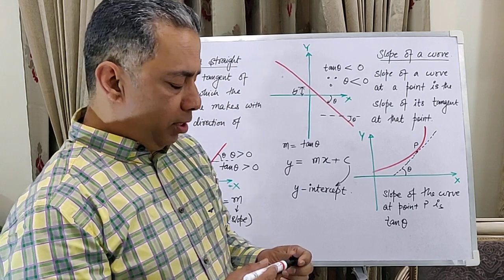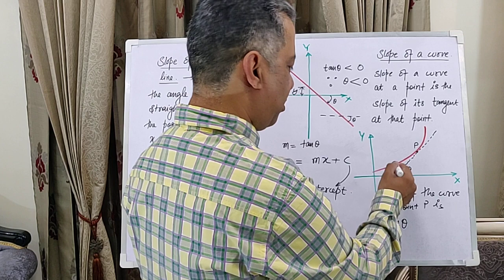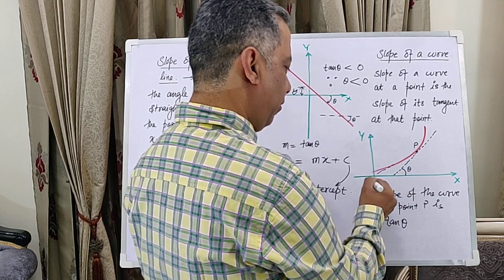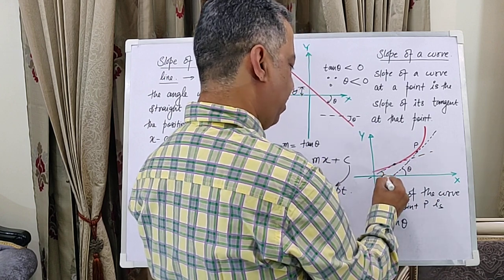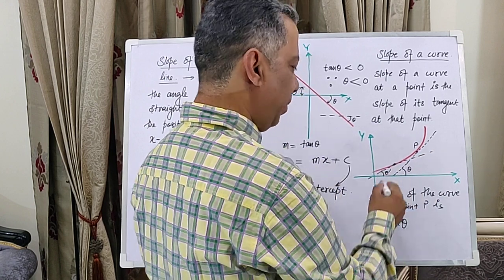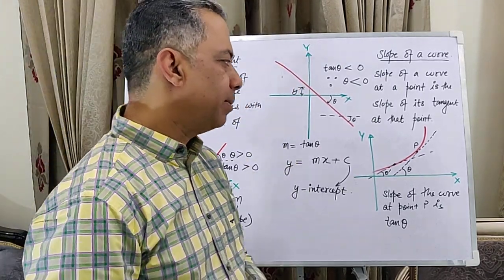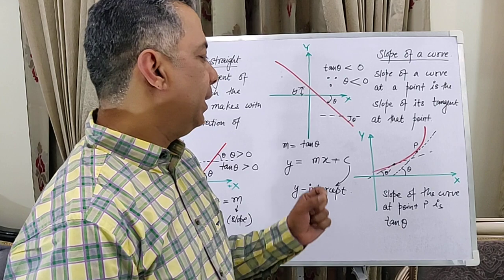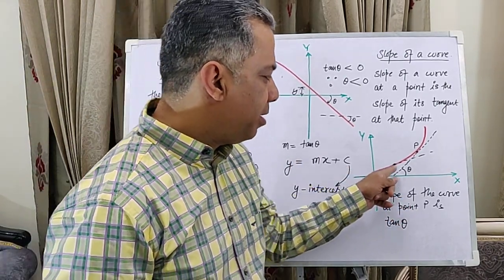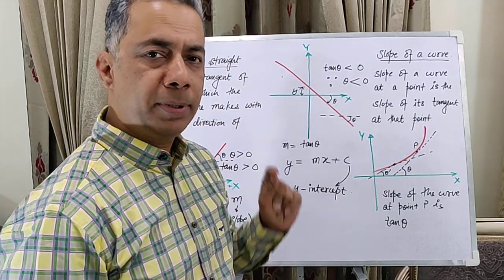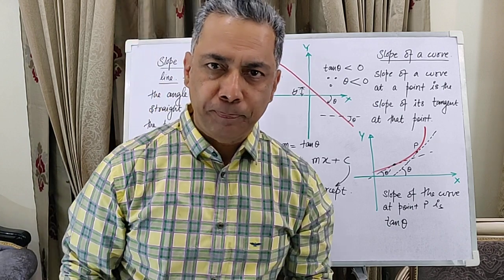Now you might easily notice that with a curve, the slope at different points will be different. So if I draw a tangent at this point, I have a different value of theta, let's say theta prime, and so at this point we have a completely different slope. And therefore, the important thing that you need to remember here is that for a curve, the slope is going to be different at every different point.